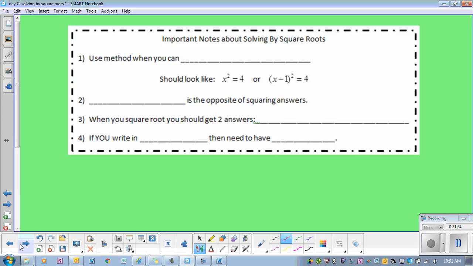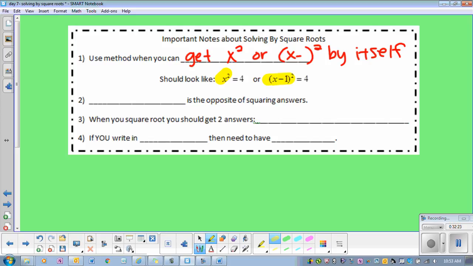So here's some important notes about solving by square roots. Use this method when you can get x squared or parentheses x minus something or plus something squared by itself. Okay? Is that x minus or negative x?